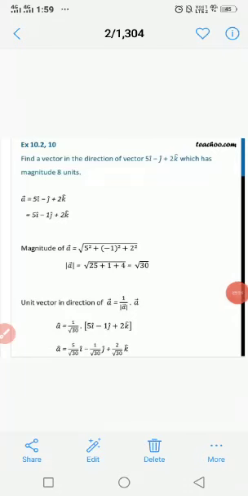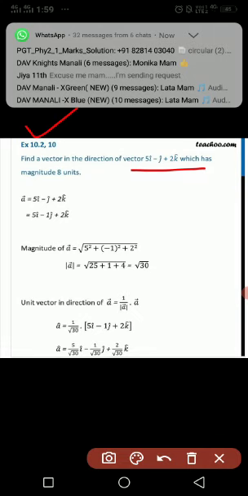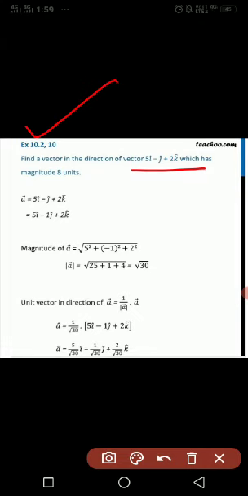Now let us solve one numerical based upon the unit vector. Here we will find the vector in the direction of a given vector. If they have said direction of given vector, that means you have to find the unit vector. So the vector is given as 5i cap minus j cap plus 2k cap.